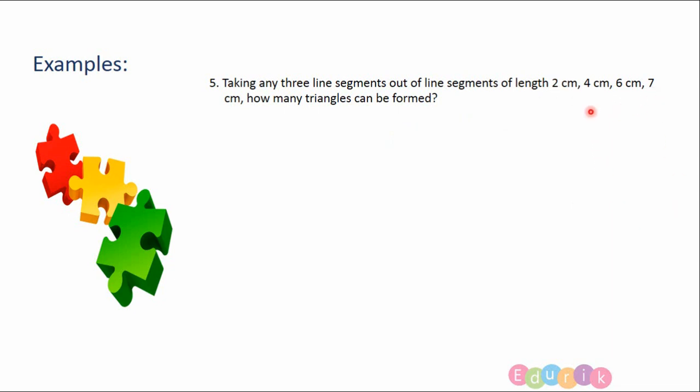Now there is one more way possible, which is 4 cm, 6 cm and 7 cm. So we can pick any of these 3 lines: 2, 4, 6; 2, 4, 7; 2, 6, 7; or 4, 6, 7. Now let us consider whether these 3 lines will form a triangle one by one.